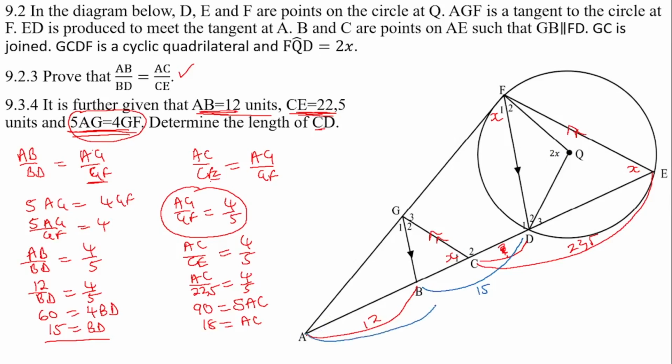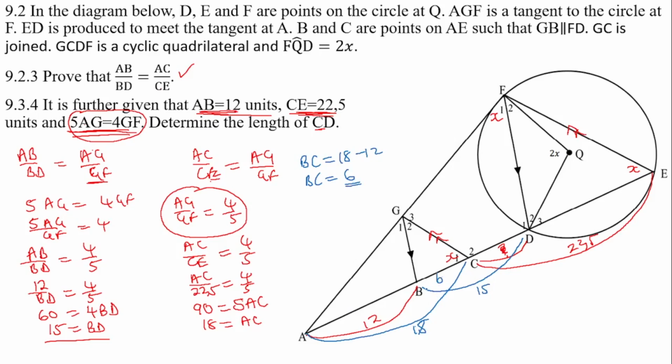This is 18. So from AC and AB we can find what BC is. BC is equal to 18 minus 12, so BC is equal to 6 units. So this one is 6 units here.